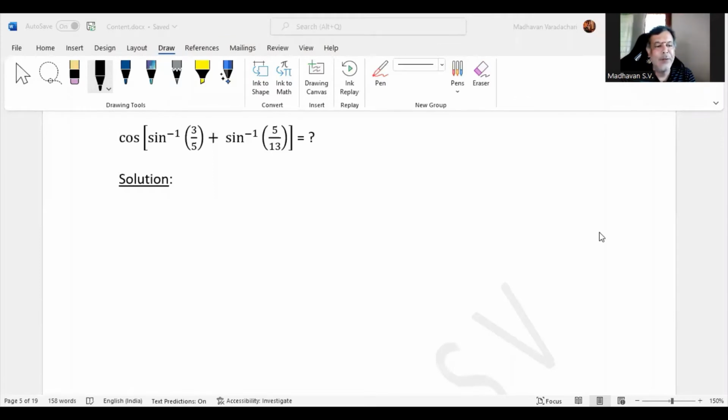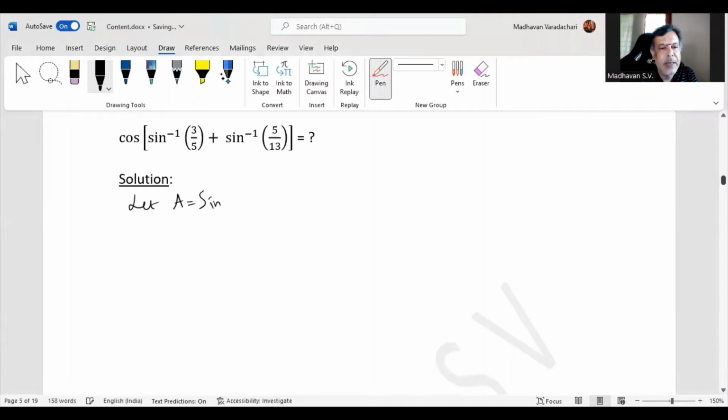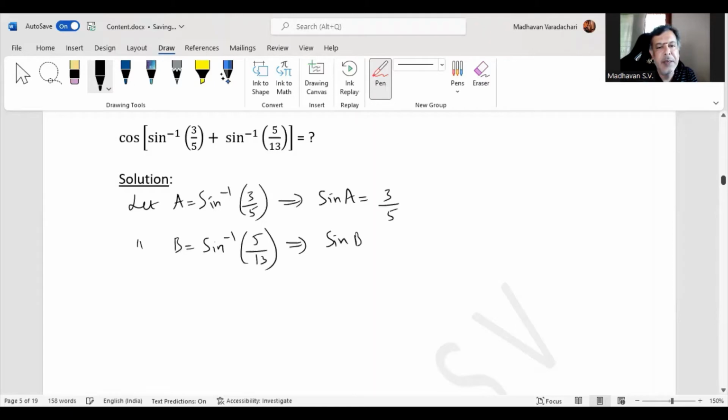Now we need to evaluate the value of cos of sine inverse of 3 by 5 plus sine inverse of 5 by 13. To start with, let us assume let A equal to sine inverse of 3 by 5, which means sine A is nothing but 3 by 5. Similarly, let B equal to sine inverse of 5 by 13, which means sine of B is equal to 5 by 13.